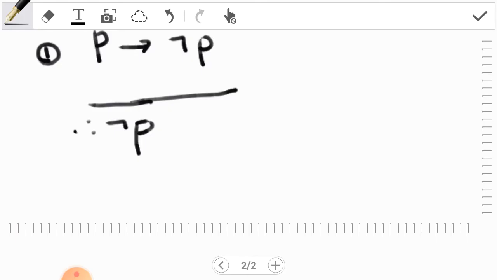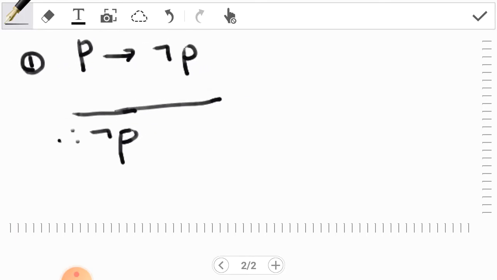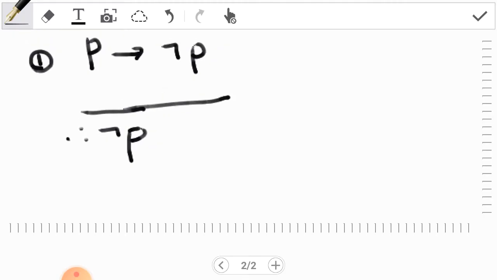Looking at our premise, P implies not P, we want to obtain not P. Since we only have a single line to use here, we now go to the list of our rules of replacement. And what particular rule of replacement will you verify in your list?